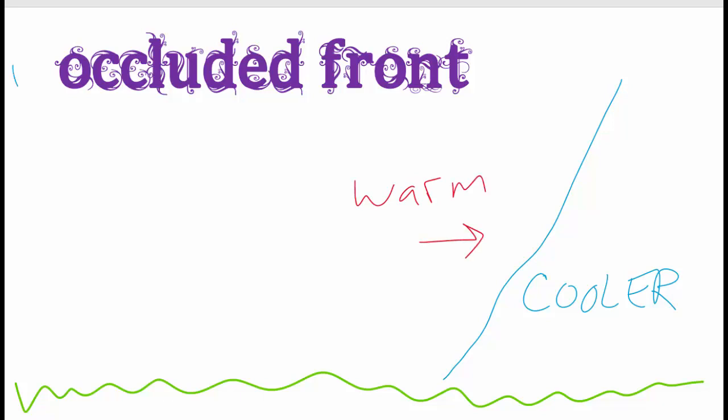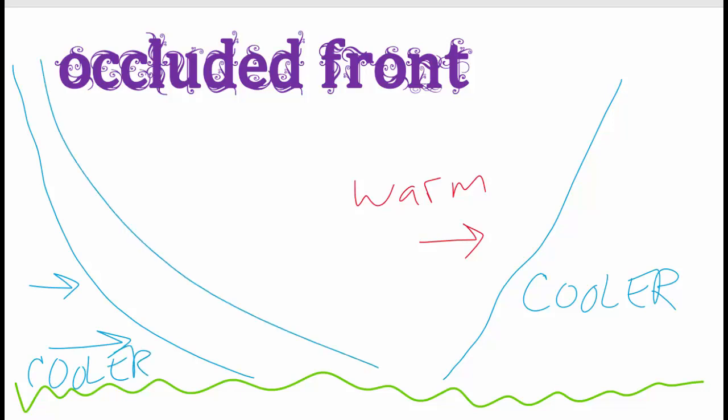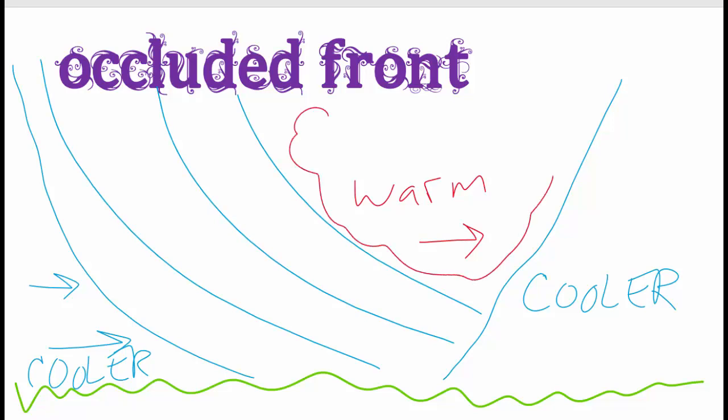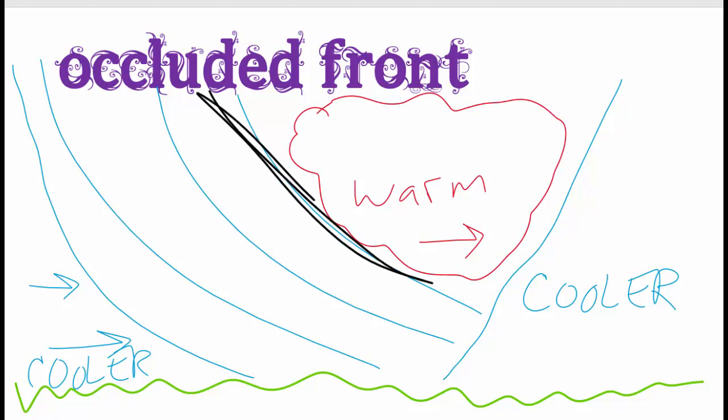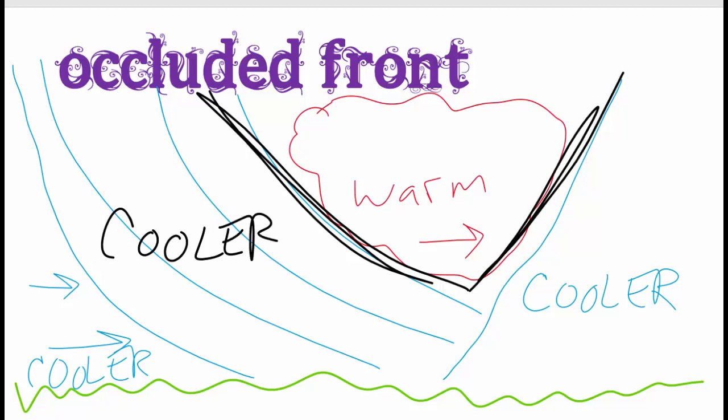But if we had cold air, a colder front that was moving quickly this way, and it moved so quickly that it eventually caught up with the other cold front, it would cause this warm air to be trapped up here. So you have cold air back here and cold air up here, and that warm air is kind of trapped now above all that cool air, which causes it to form clouds.